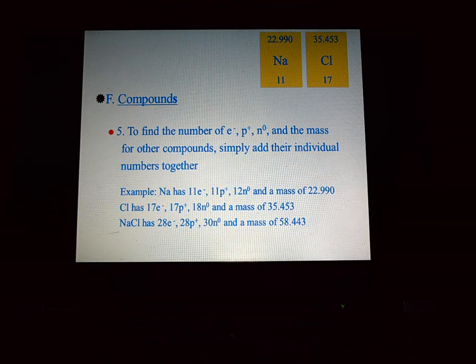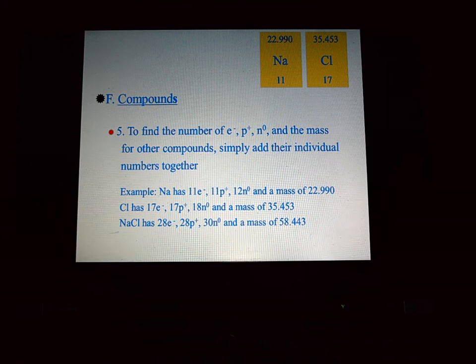Now, if they're different elements, instead of those diatomics that were two of one kind, here's one of each. This is a binary compound, binary meaning two things. Sodium chloride. How do I do electrons, protons, and neutrons and mass for compounds? I just add up the pieces.